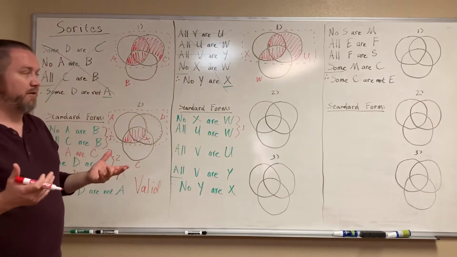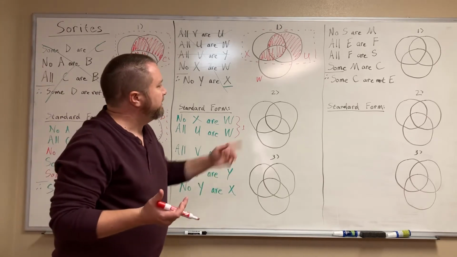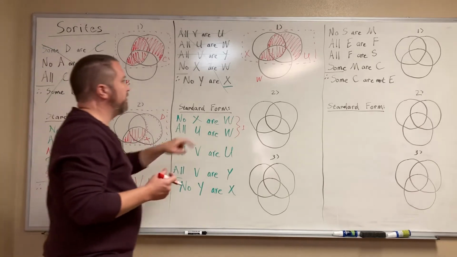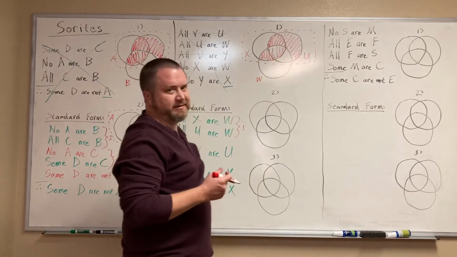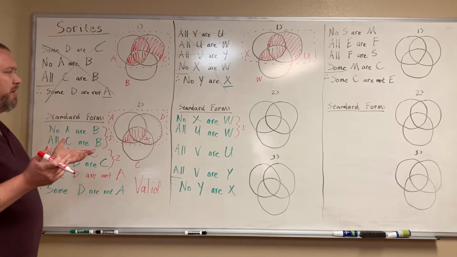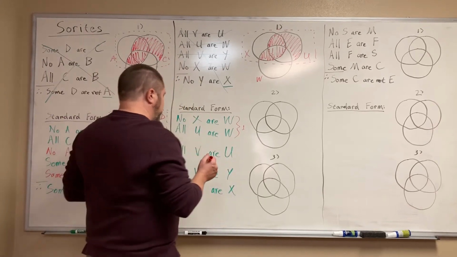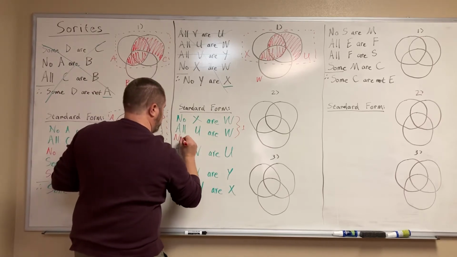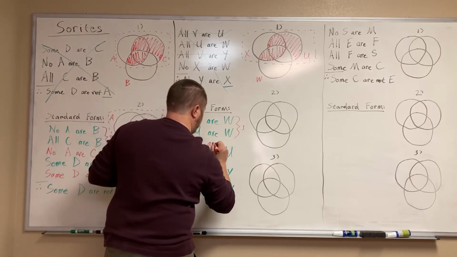That's the only thing you can draw from the shading. When you have X's, which I think we'll see at some point in the next one, you're looking for an X in this crescent, an X in this football, or an X in that crescent. Those are pretty much the only conclusions that you can draw from the top circles. So the conclusion that we can draw is that no x are u.